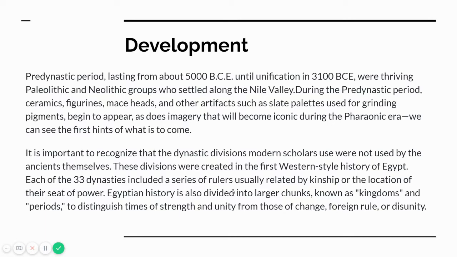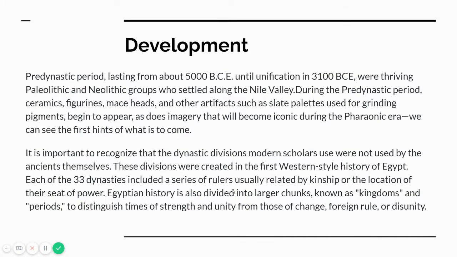So as we talk about the development of Egypt, it's important to know that it's divided into different time periods and different eras. And the first division is the pre-dynastic period to the dynastic divisions.